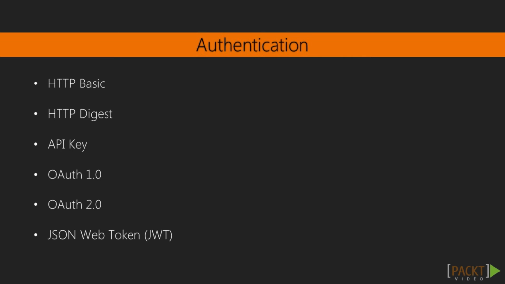Unless you are making a read-only API, you will want to add authentication to it. There are lots of choices for authentication, and each of them has its advantages and disadvantages. HTTP Basic and HTTP Digest are very similar to providing normal login forms, except that you provide your username and password in the header.